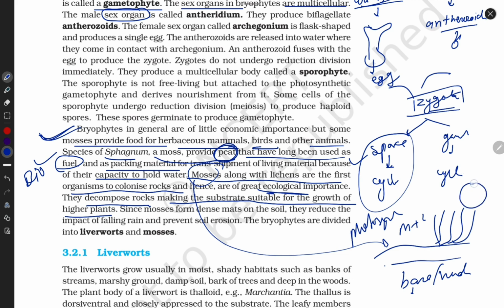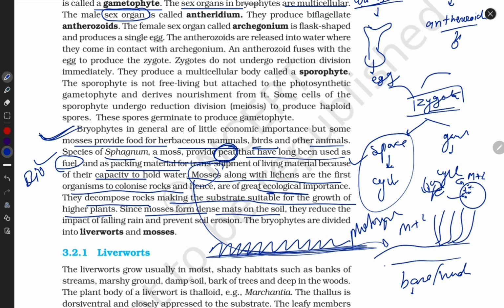Assume this is a rock with mosses and lichens; they decompose the rock and make important material that plants will absorb. Mosses form a dense mat on the soil, a carpet-like structure. They reduce the impact of falling rain and prevent soil erosion, so the soil can't move away.